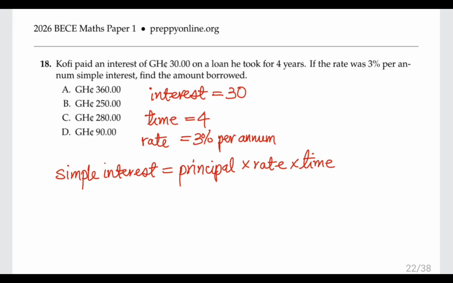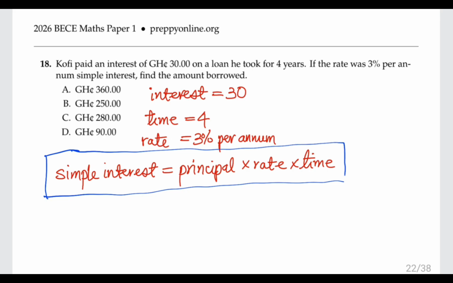That's the formula for simple interest. So we can substitute the values we have into this formula to see what we get for the amount he borrowed. The amount he borrowed is the principal. All right, so simple interest is 30. We're given that one here.